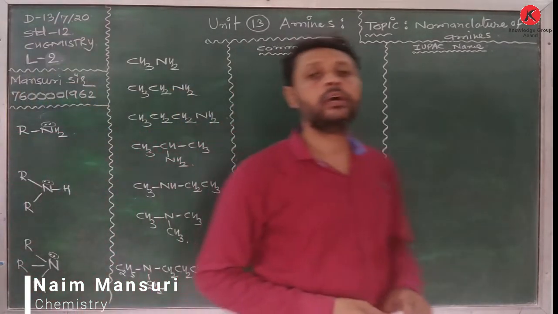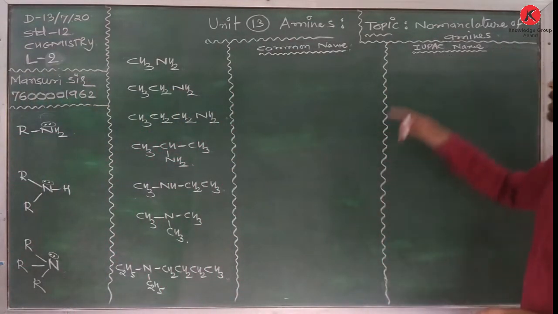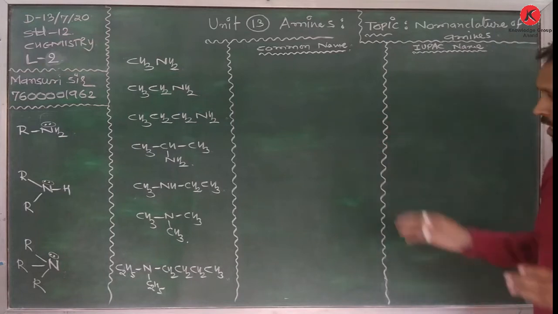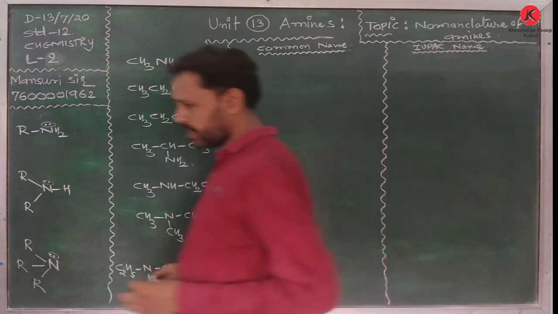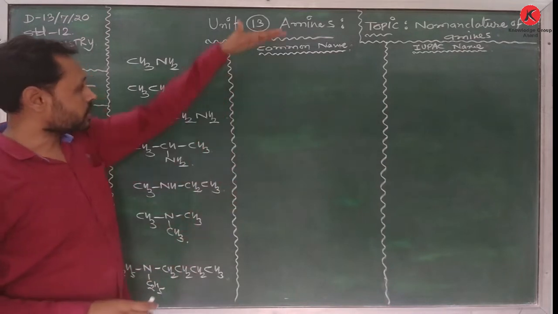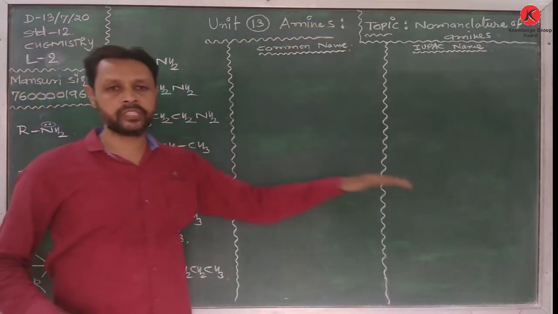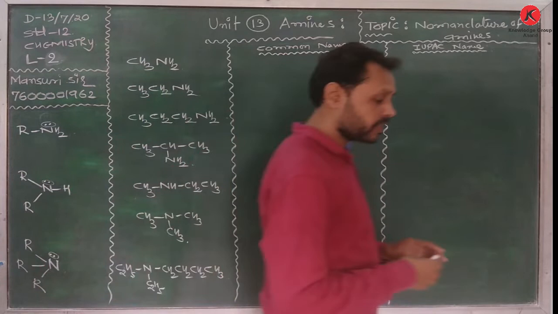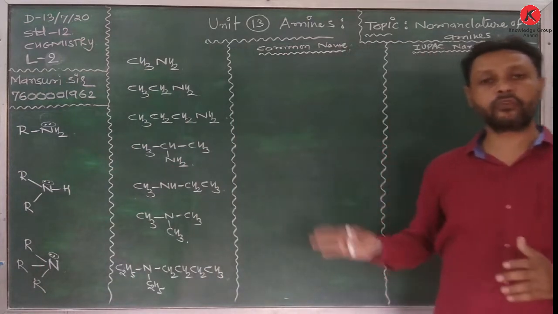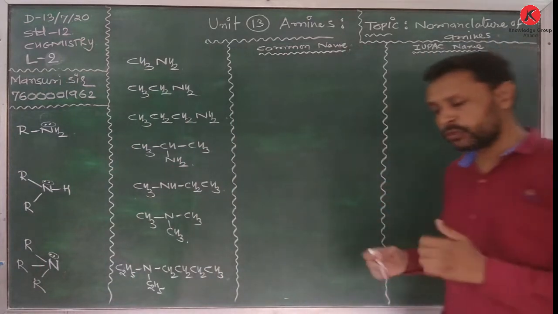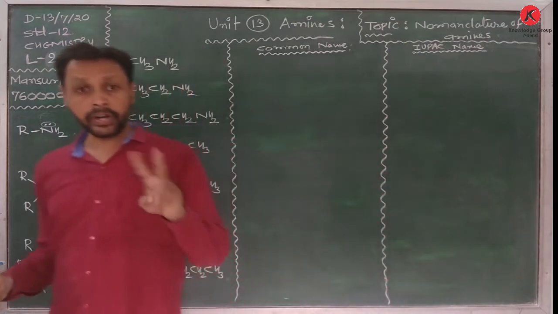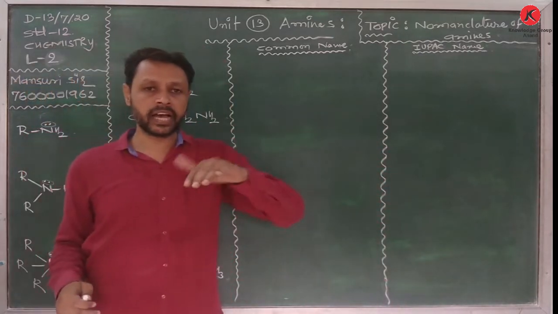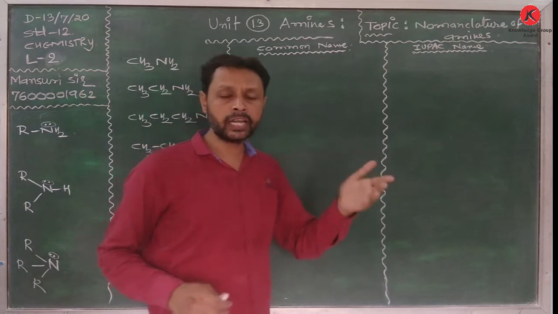Now friends, we will discuss nomenclature of amine compounds. Here some compounds are given and we have to make a name, common name as well as IUPAC name. When making the common name, we have to use the word "yl", like methyl, ethyl, propyl, butyl, right?